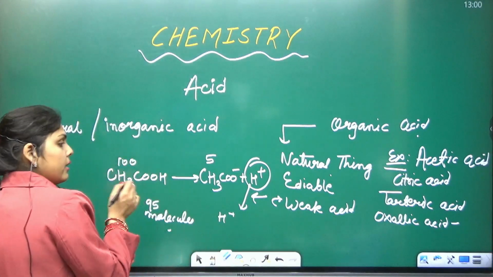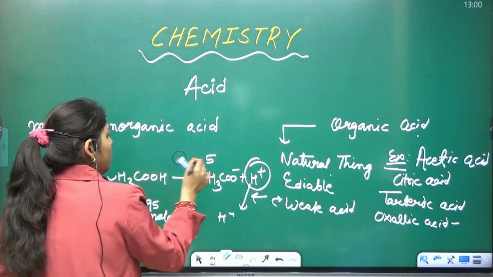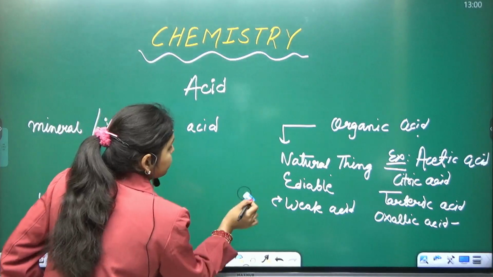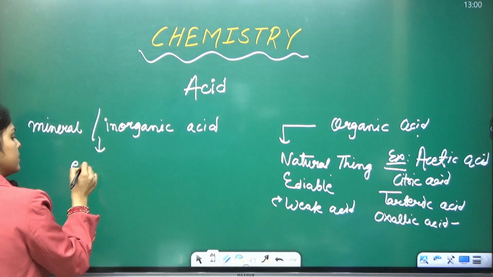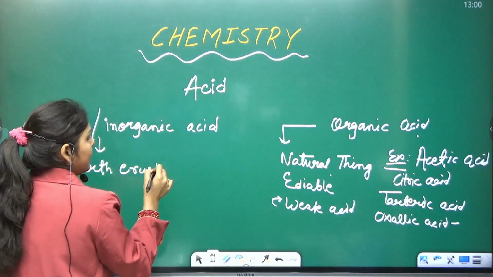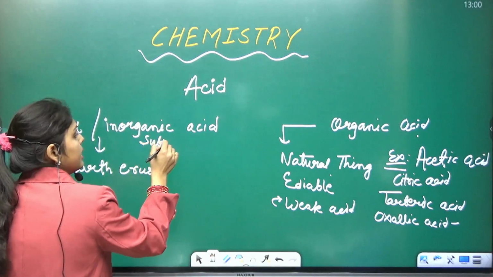Now we will talk about inorganic acid or mineral acid. Acids which are obtained from the earth's crust and inorganic substances are called inorganic acids.